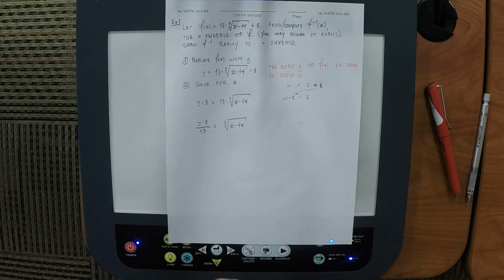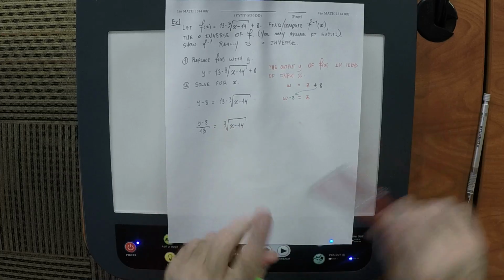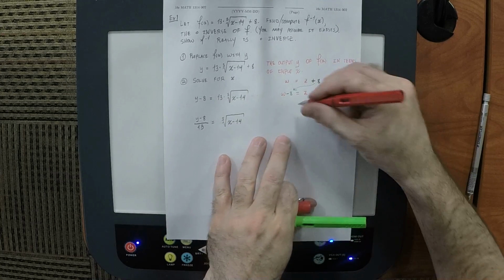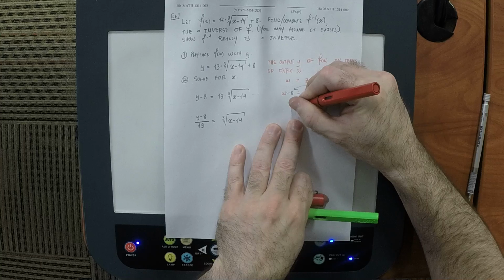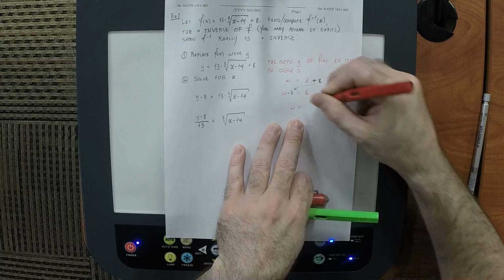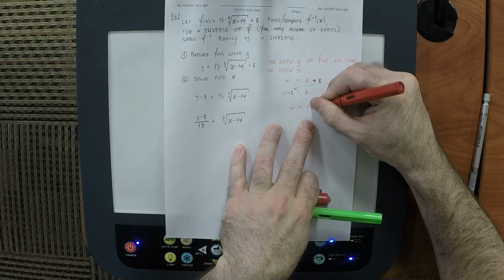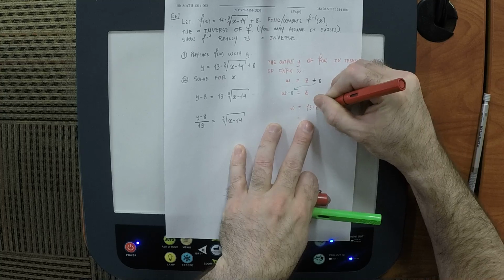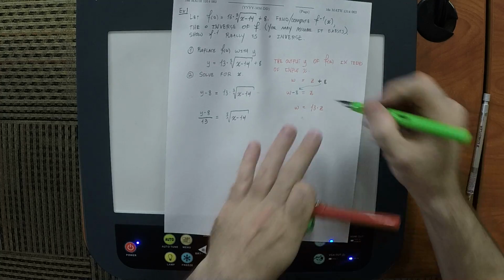Similarly, we had an equation right there that sort of looked like w is equal to 13 multiplied by z, like so.